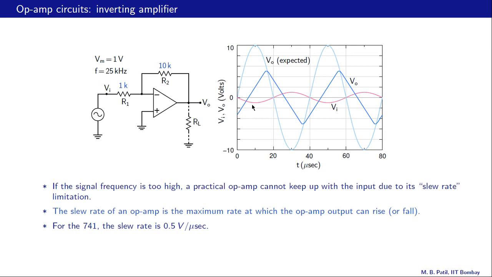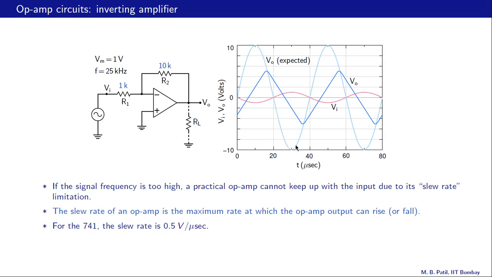This is the input signal going from minus 1 volt to plus 1 volt, and the output that we expect is 10 times the input voltage, so an amplitude of 10 volts, and of course it's going to be out of phase with the input voltage. So that is the output voltage that we expect.